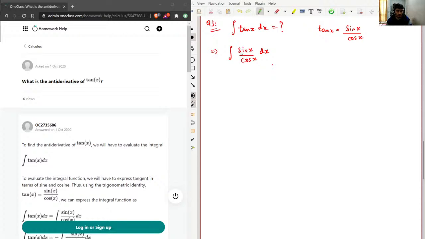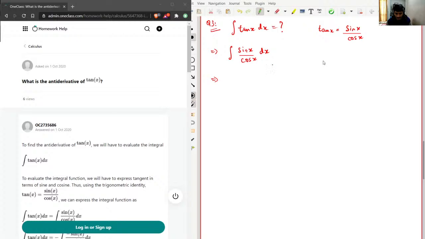When we were in high school, we never used to go for such derivations because we already memorized the value of this integral of tangent of x. But this is the best approach. Sometimes I also tend to forget in the exam, and at that time I'll do a quick derivation and find the value of such expressions.